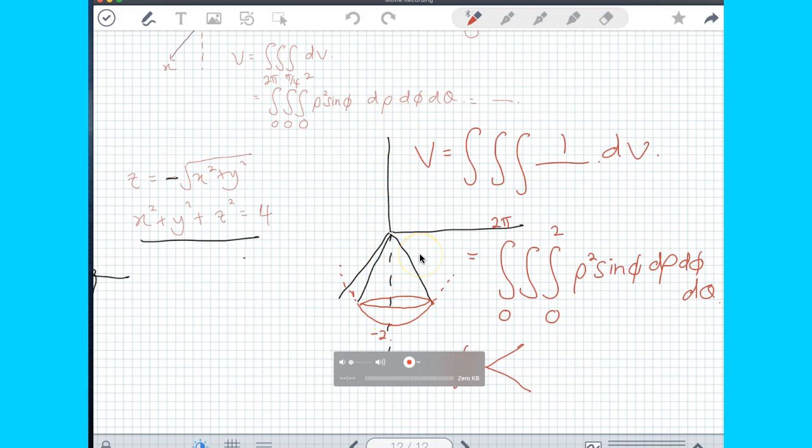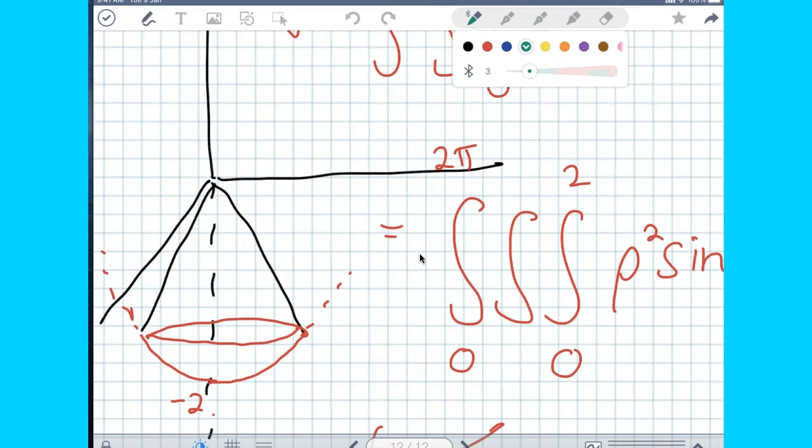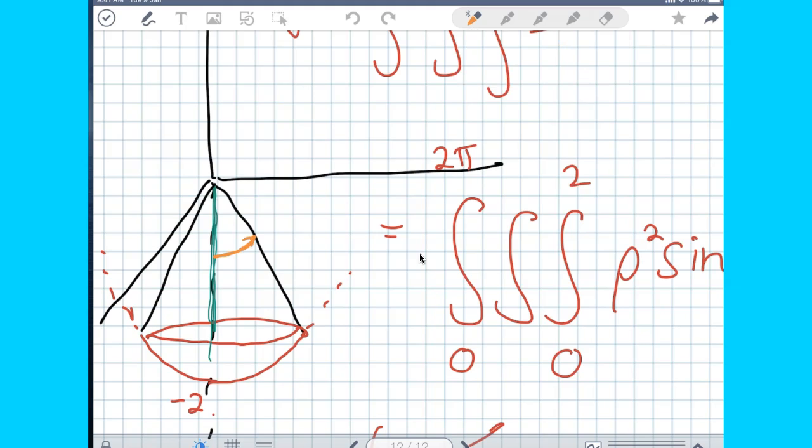So as you can see, how can you determine the angle for the phi? This is the negative z-axis, right? That is the line, the negative z-axis. So now you have to find the angle for this. As we know, this one is at 3 pi over 2, right? 270.